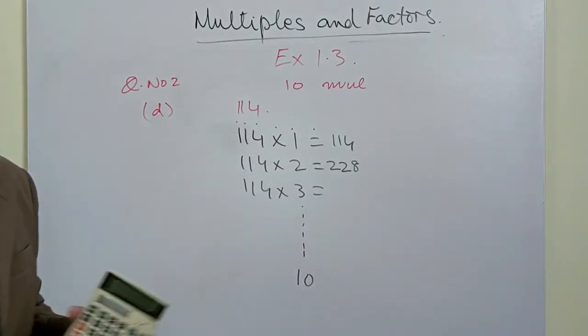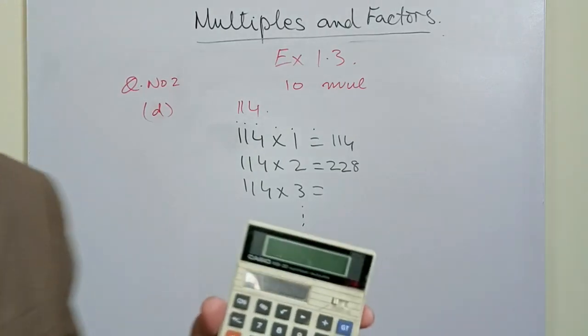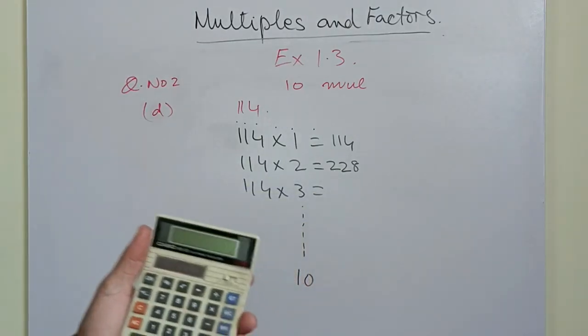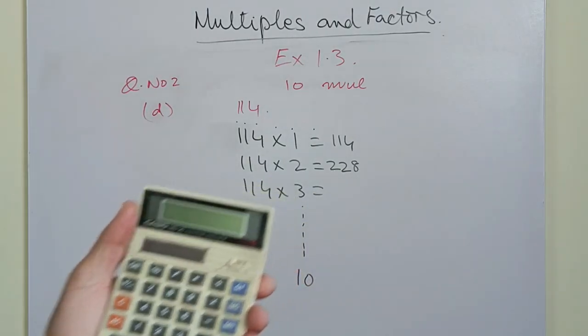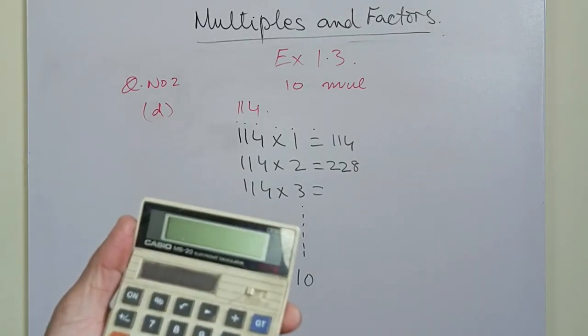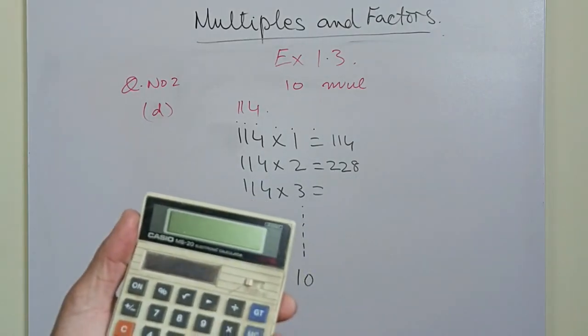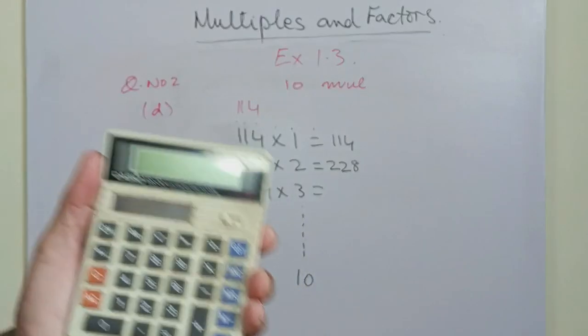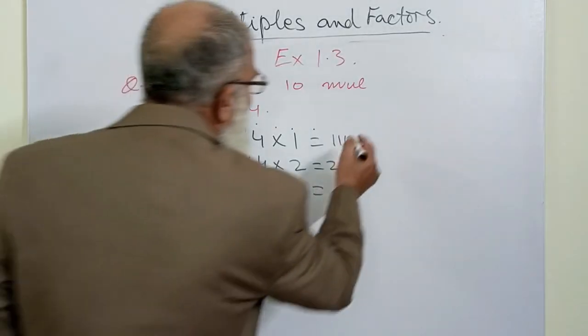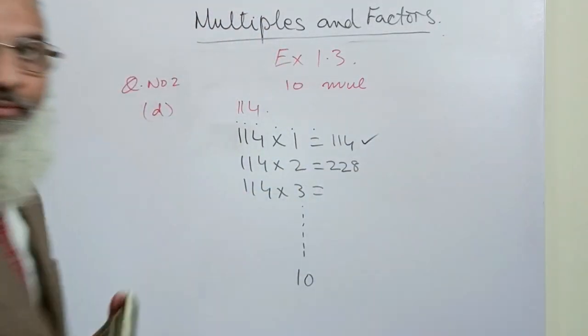But I am going to tell you a very simple trick for finding the multiples of 114. Write 114 once. This you have to write for yourself.